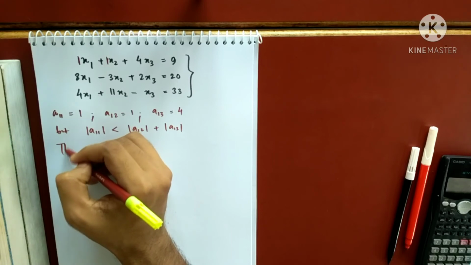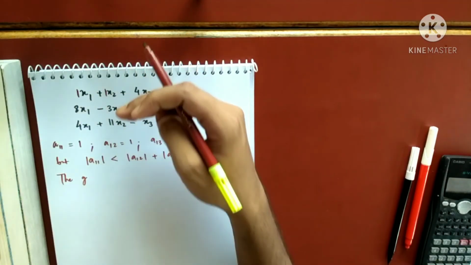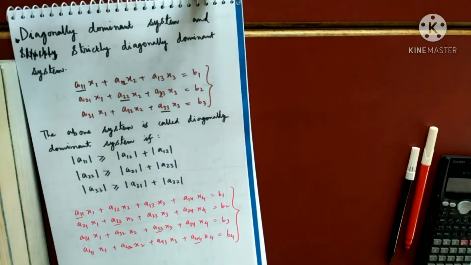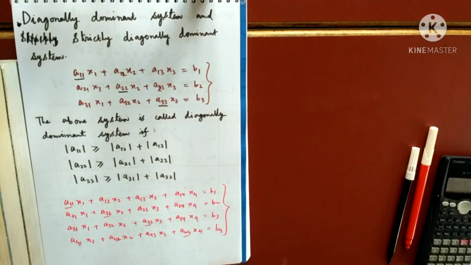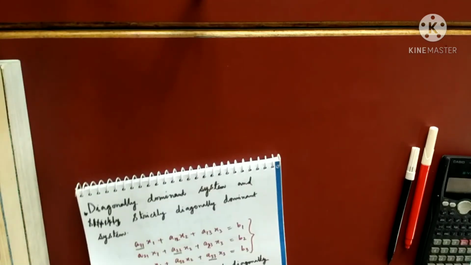So for the given system, because the first condition is not satisfied, we will not check the other conditions, because if any one of these does not hold, I will not proceed further, because to be diagonally dominant all three must be valid.